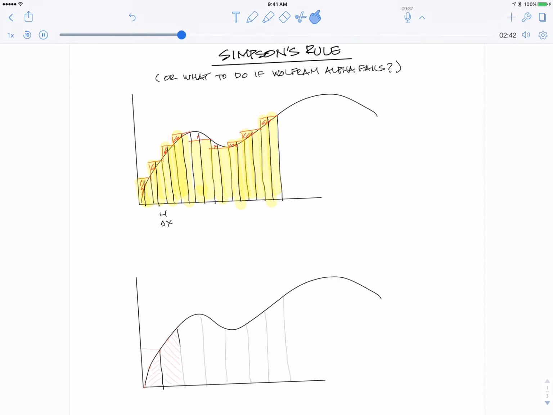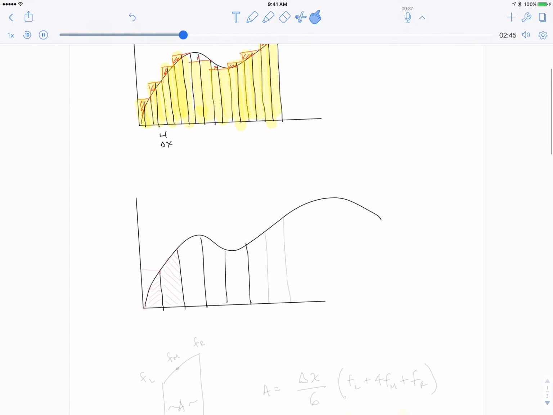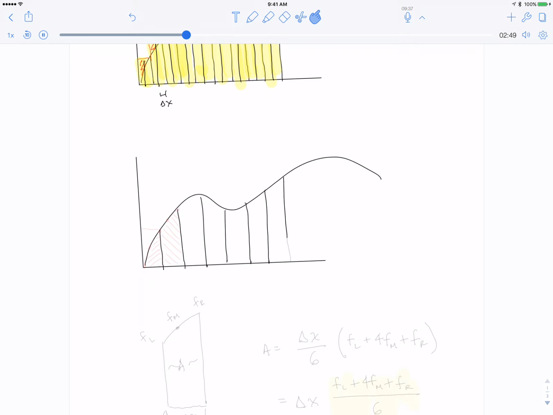Simpson's rule is just this. We know that the rectangles are off because the function is curved, but the rectangles are not. What we're worried about is this: that rectangle is clearly almost double the area that's actually under the curve.